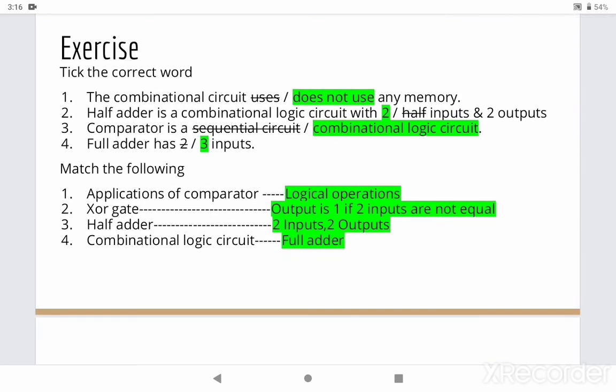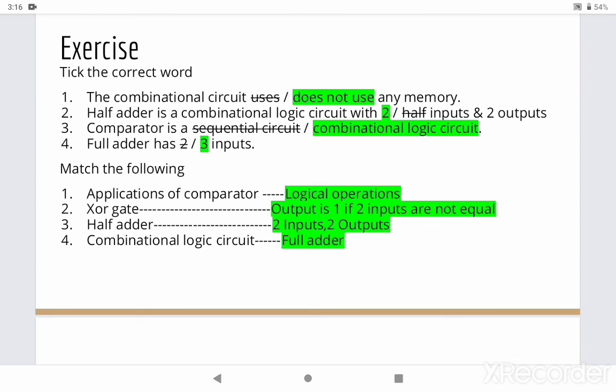Then we can have our exercises. Exercise number 1, tick the correct word. The combinational circuit uses or does not use any memory. What will be the answer? Then half adder is a combinational logic circuit with 2 or half inputs and 2 outputs.